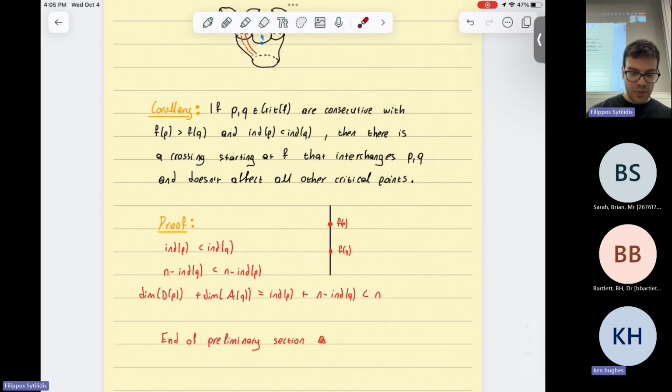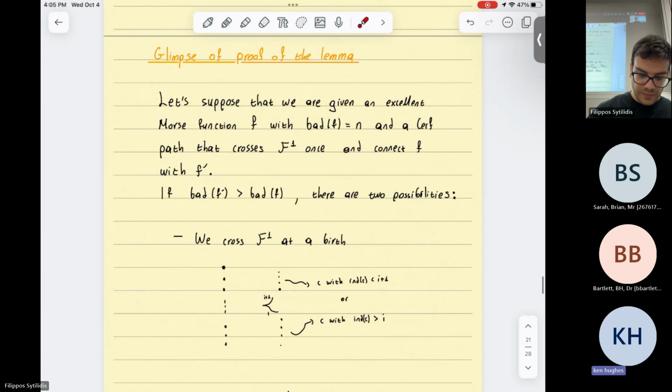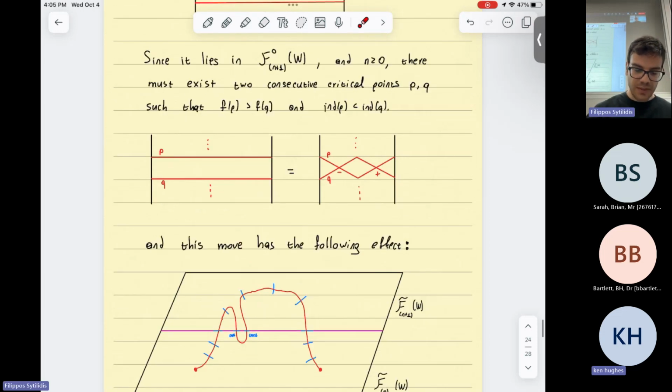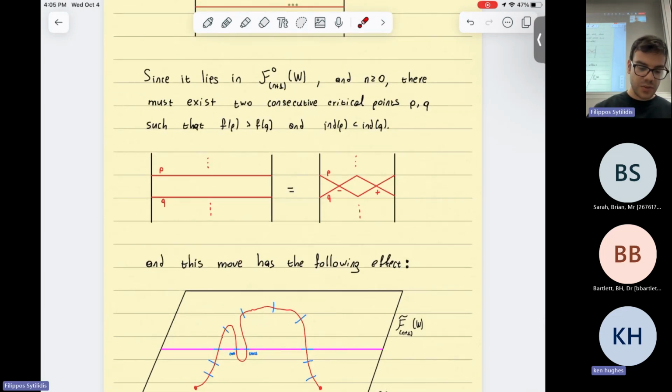If I have two consecutive critical points P and Q with f of P bigger than f of Q, but the index of P less than the index of Q, I can have a crossing path. That's the thing that we're discussing. So since I can have a crossing path, that means that I can do this Reidemeister 2.